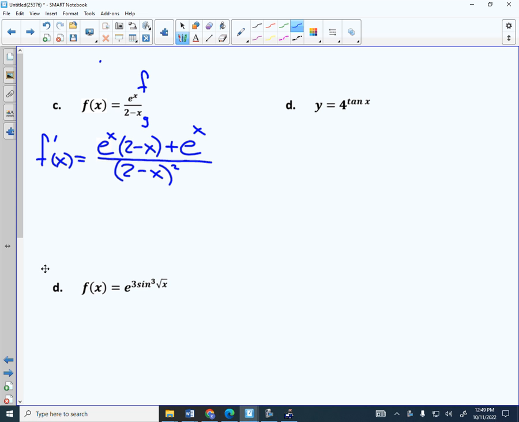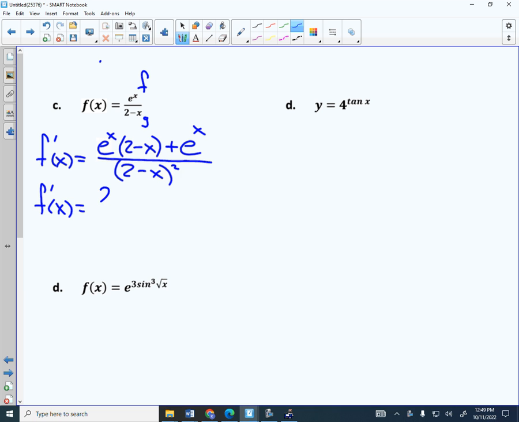You will see, well, there's a couple different ways you can do this. You could factor out an e to the x if you want. Well, let me show you this piece. So suppose you distributed the e to the x.